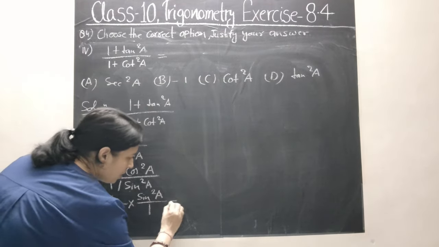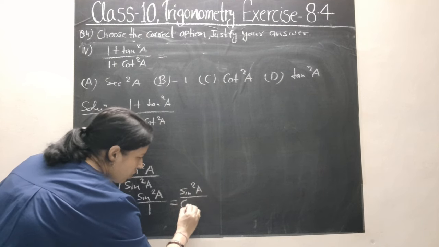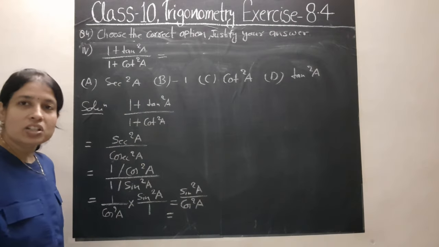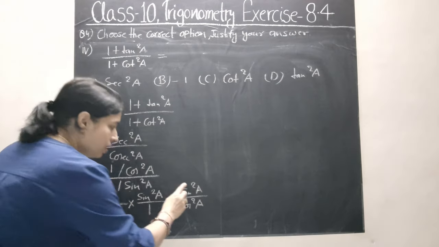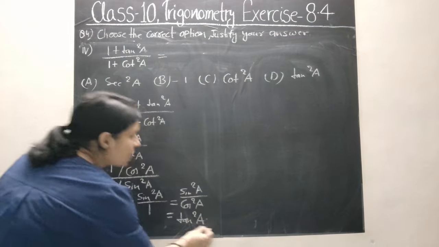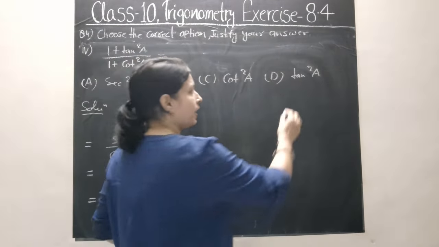So it will come sin square A divided by cos square A. Sin square divided by cos square A will be tan square A, because sin by cos is tan. So your answer is tan square A. Option D is correct.